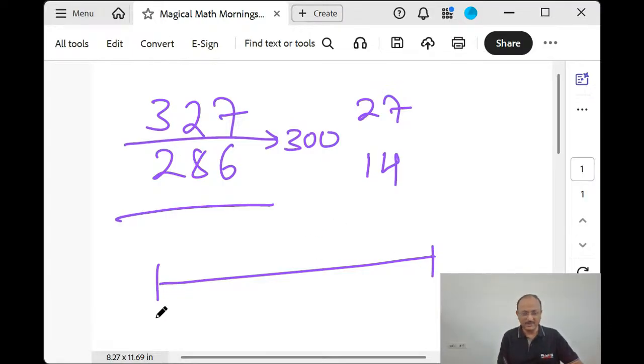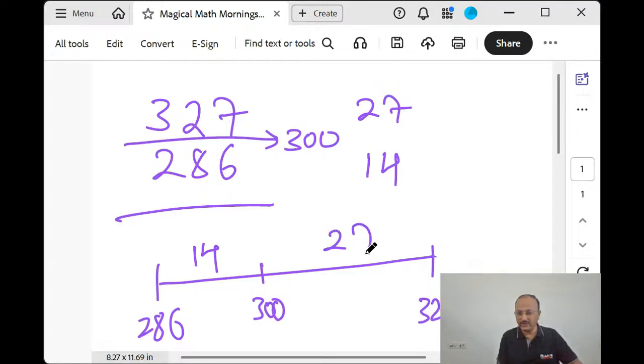That means from 286, you want to reach to 327. We'll do it in two ways. 286, first we'll reach to 300. From there, we'll reach to 327. So for reaching here, we have to add 14. For reaching here, you have to add 27. Correct? No? You convert that 14 plus 27 is 41 is the answer.